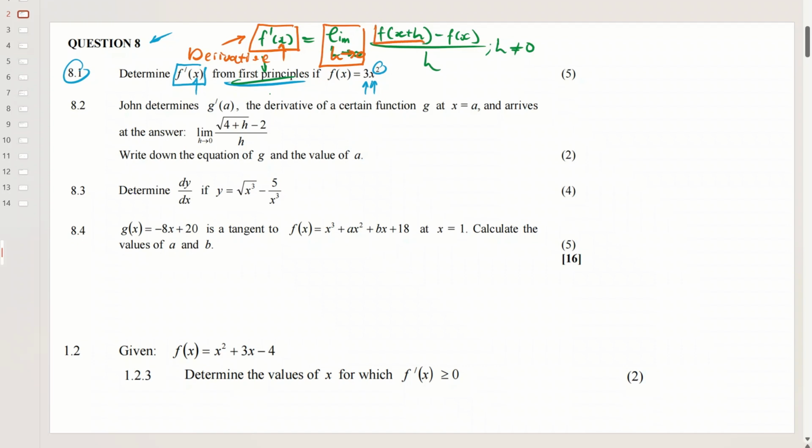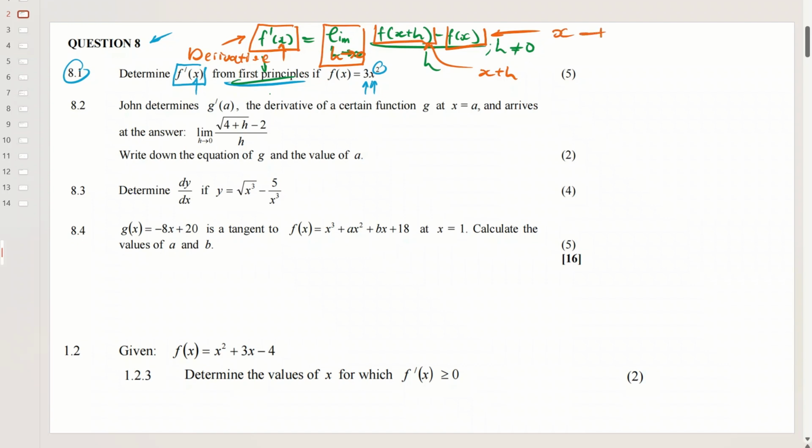So now, this part here is the function evaluated at x plus h. Remember, the meaning of evaluate is to substitute numbers into the formula and then evaluate your answer from there. This part here is also known as your original function, or the function evaluated at the original value of x.